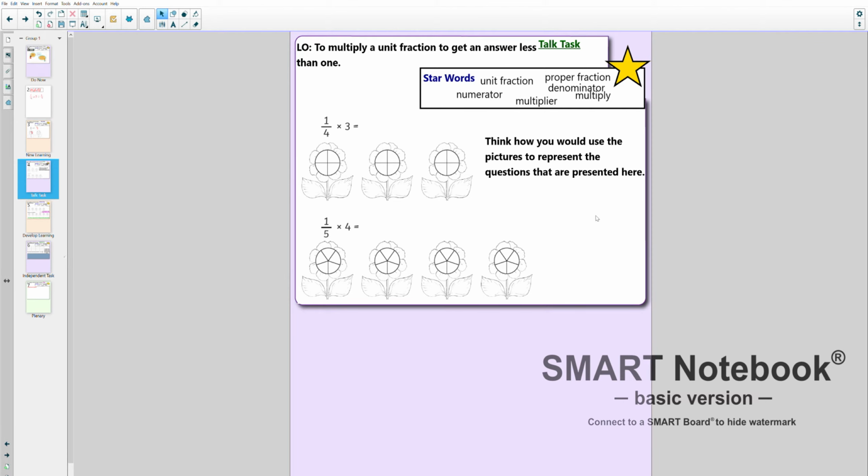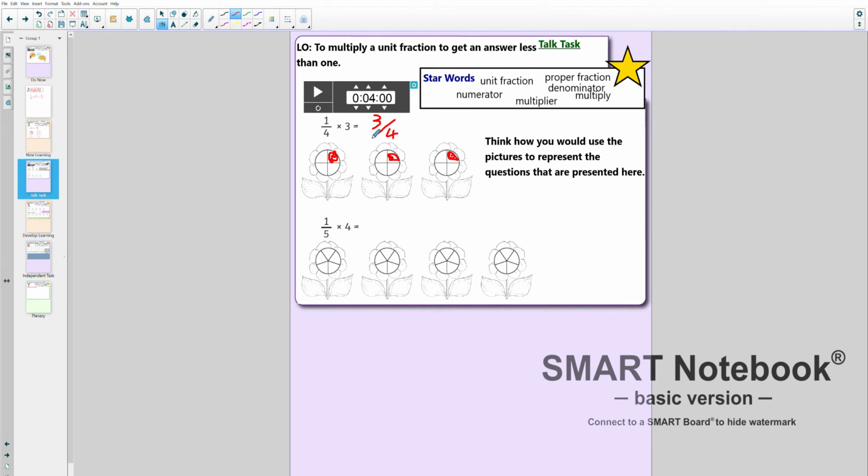Looking at this one here, again, pause the video, think about how you do this. It's even better if you could do this on a piece of paper. If you've got one, draw one yourself. How would we do 1/4 times 3 and 1/5 times 4? What are our answers going to be? Well, again, if we've tried it, we should find that we've just got 1/4 shaded in 3 times, will of course be 3 quarters.